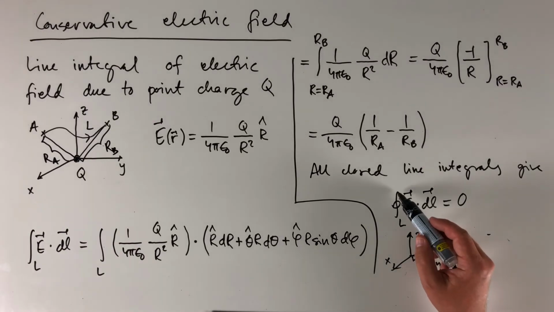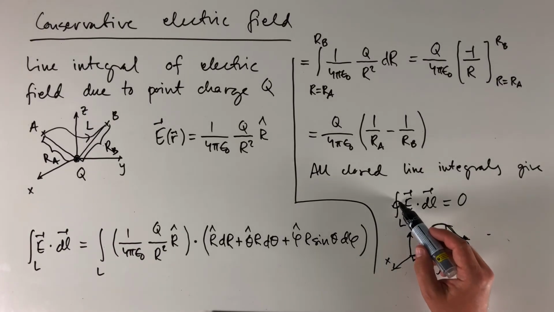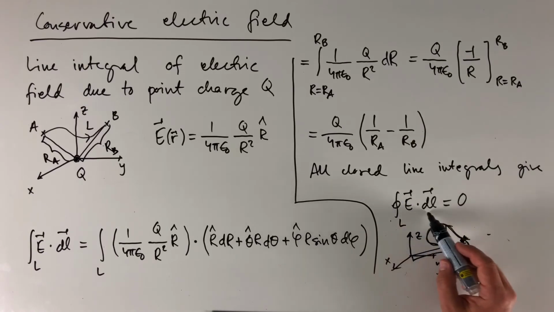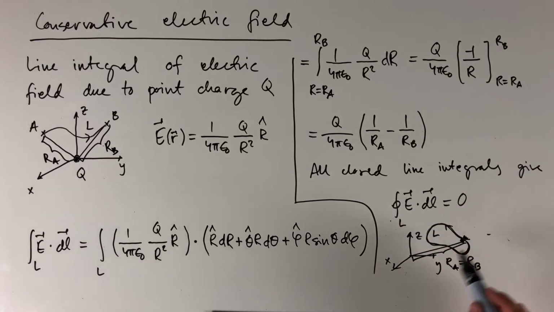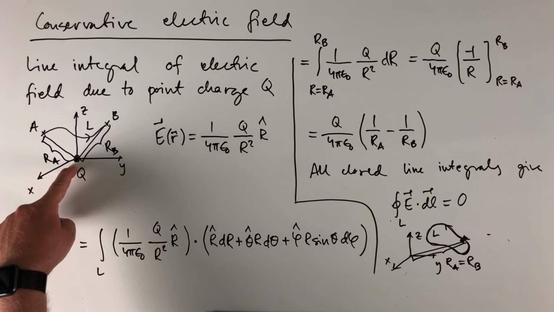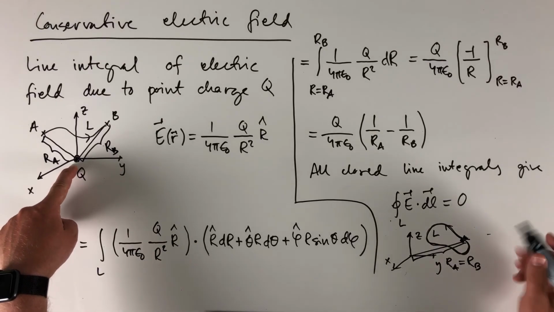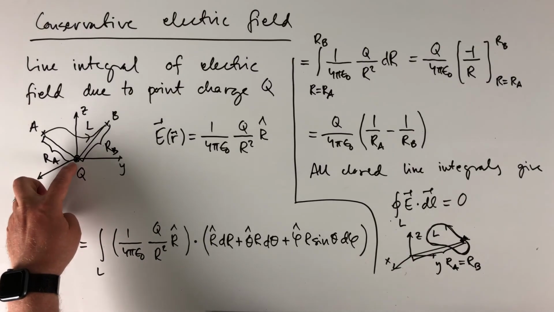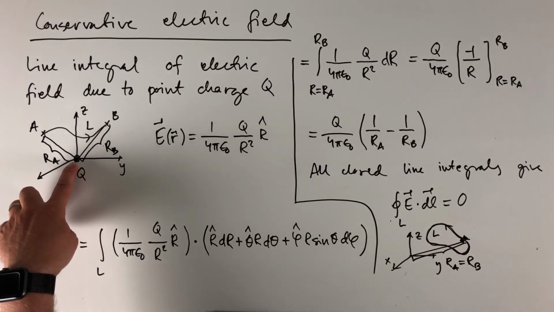So this closed line integral now, that circle means that it's a closed line integral, will always evaluate to 0, no matter what curve we have. This applies to one point charge. Obviously, this result would apply to a superposition of point charges as well.